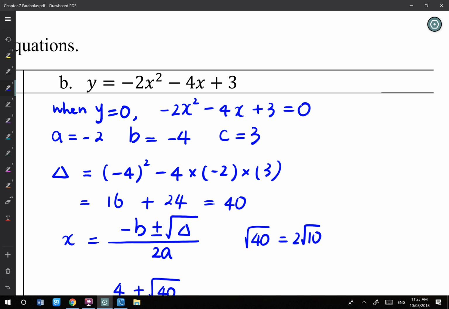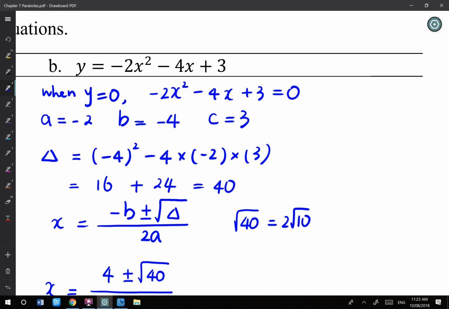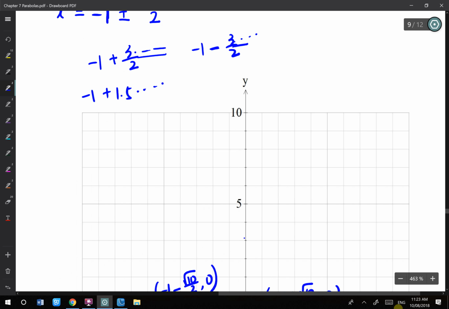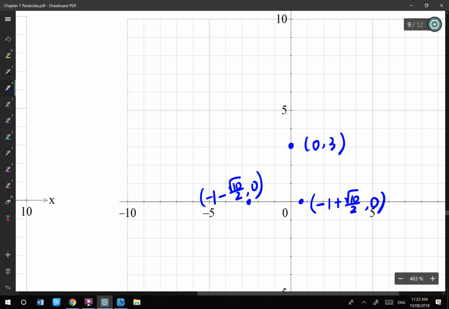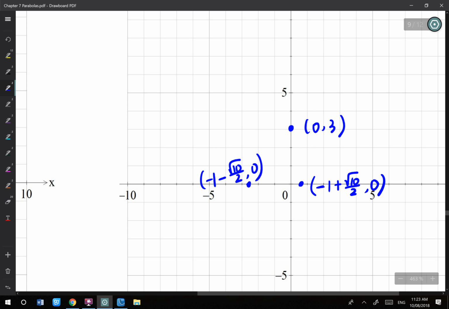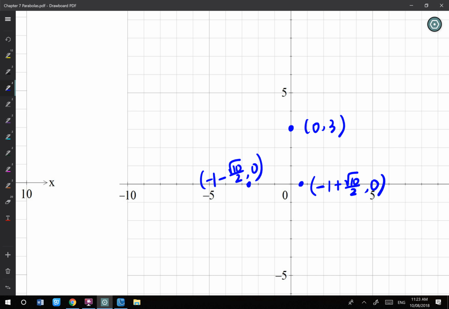Okay, next thing, where's the y-intercept? 0, 3. So here. When you know the two x-intercepts, can you find out the middle? Where's the middle?